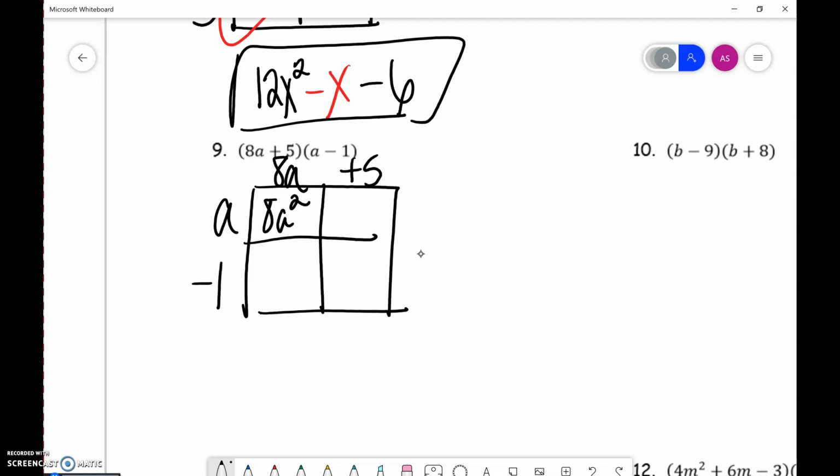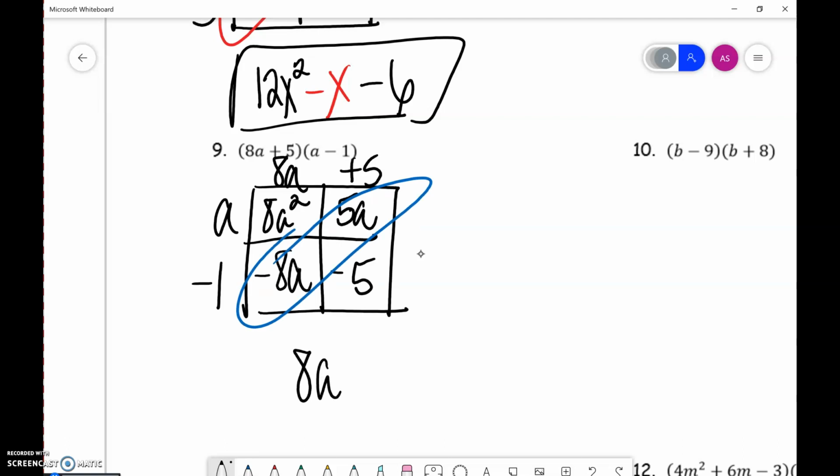Then here I'll have negative 8a. Then here I'll have 5a. And then here I'll have negative 5. Again, like terms are in the middle. So I have 8a squared. I have minus 3a. And then minus 5, which is my final answer.